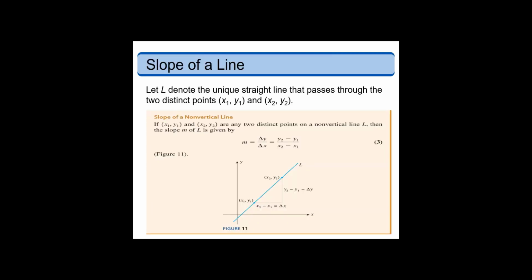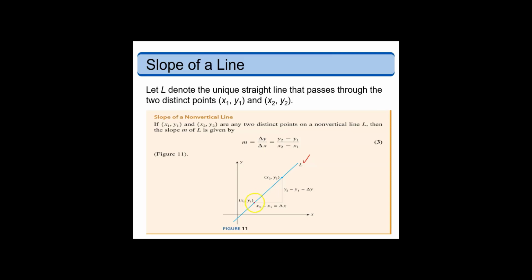First of all, we're going to take a look at the slope of the line. Slope m measures the steepness of the line, meaning it captures the stiffness of the line. Here we have a line L that denotes a unique straight line passing through 2 points.